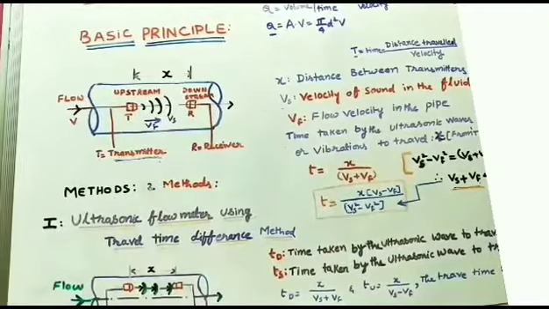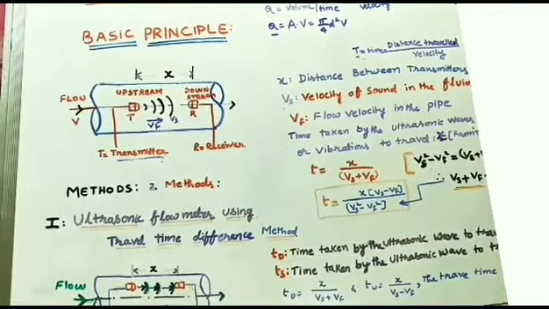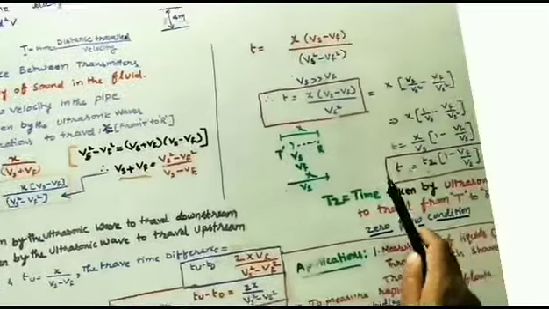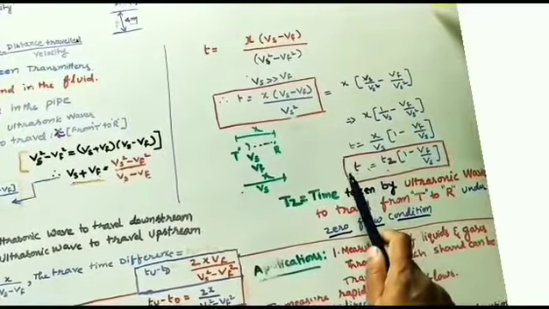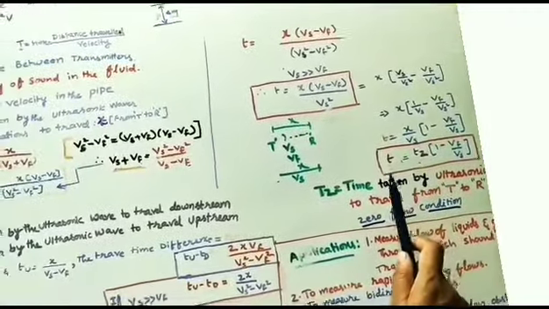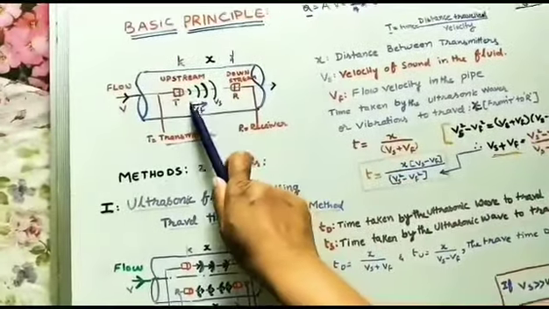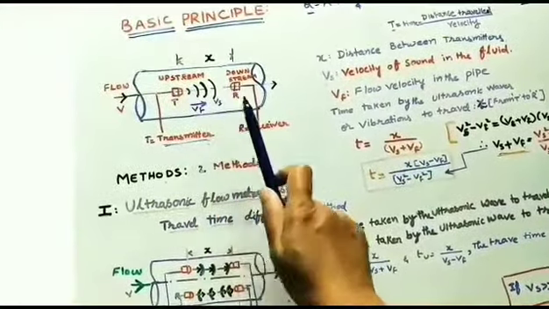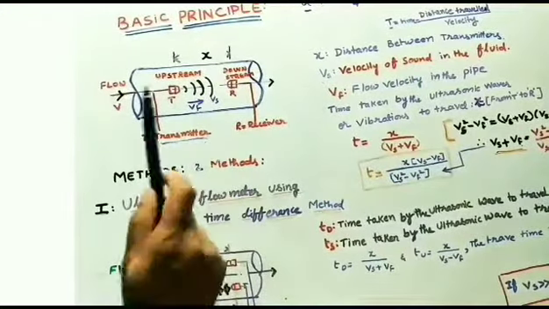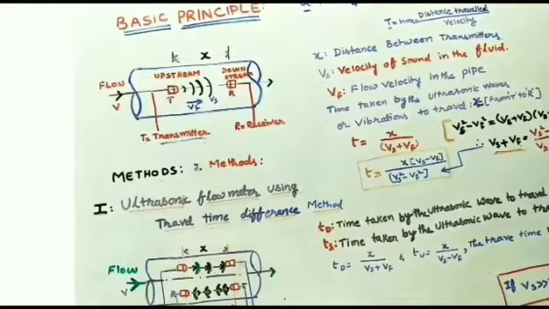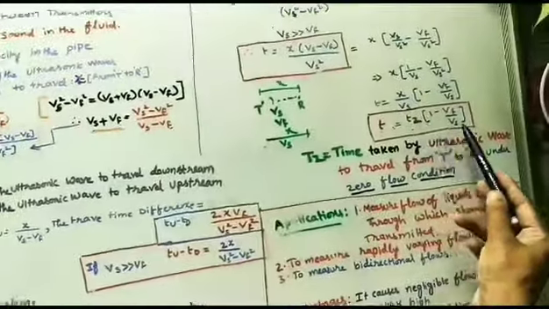This arrangement has two limitations. The first limitation is that we got the formula like this, where two t's will come simultaneously and we can't find it two times. One more thing is that the velocity of the wave depends on the pressure and temperature of the fluid, but we can't see pressure and temperature values in this equation.